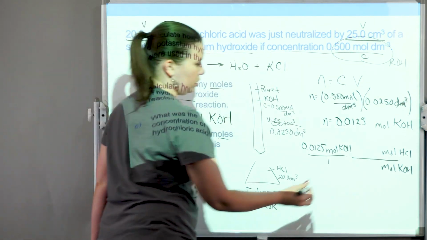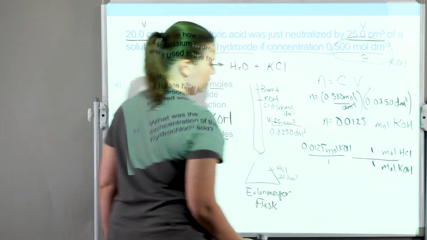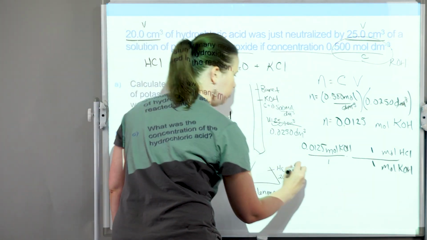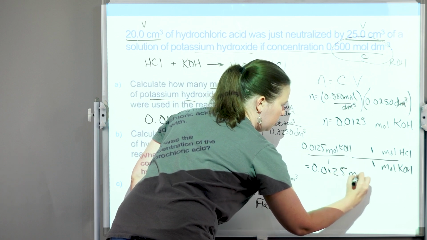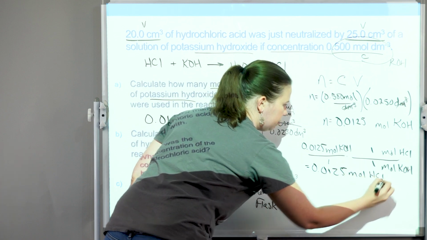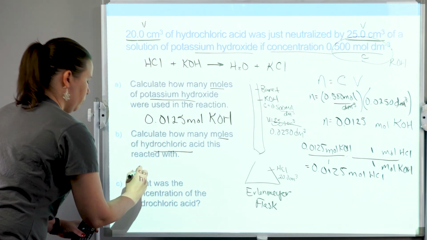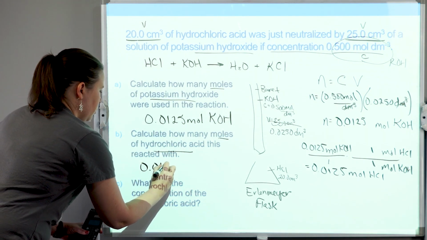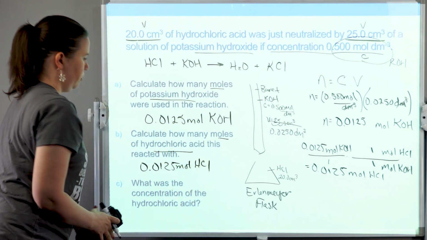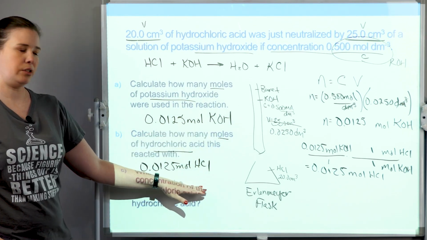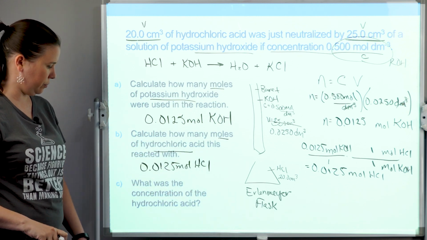In this case, it was 1:1. So I just also have 0.0125 moles of my HCl. That's the answer to part B. So see how it's very important to include complete units so you know you're answering that specific question.